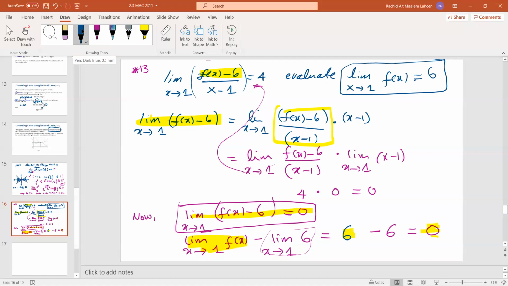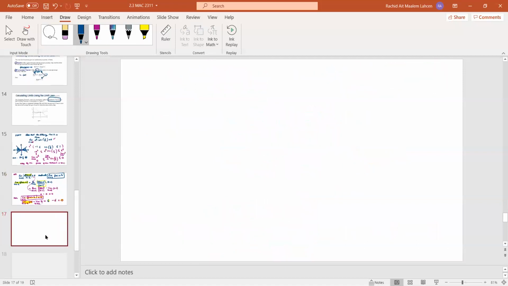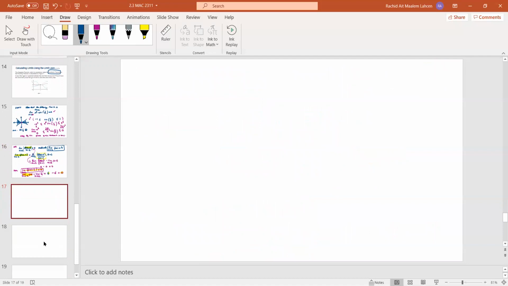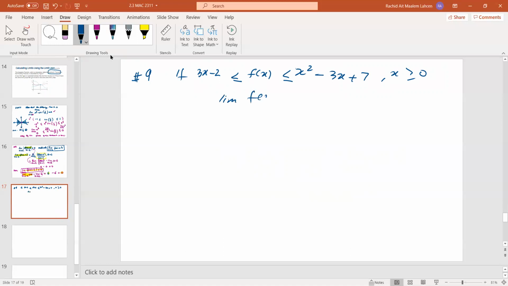Let's see, what else can we do? Yeah, we can do another squeeze style question. Number 9, let's look at number 9. It says that if 3x minus 2 is less than or equal to f of x, which is less than or equal to x squared minus 3x plus 7, for x greater than or equal to 0, find the limit of f of x as x approaches 3.